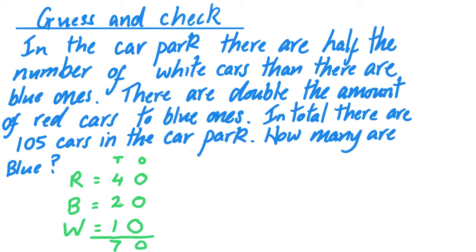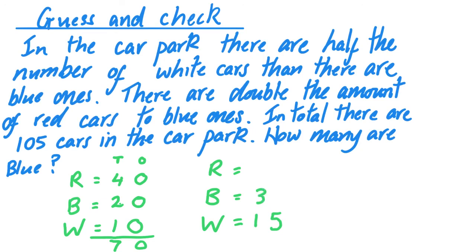Okay, well, it's the same order again. So we'll start with the white cars, they're the least, followed by the blue cars, and finally the red cars. Okay, well, we need to make our numbers a little bigger. Let's make the white cars 15 this time. We need to come up a little bit with our numbers. And we see the blue ones, there needs to be half the amount of white cars than blue ones.